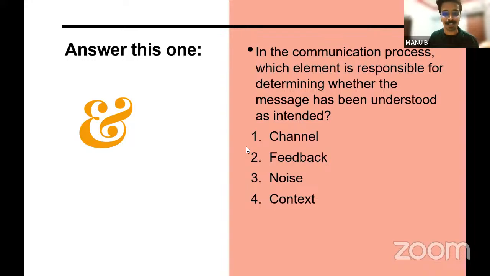Based on the responses made by the receiver, we will understand whether the person at the other end has completely got this right, so that determines whether the other person understood our message well.